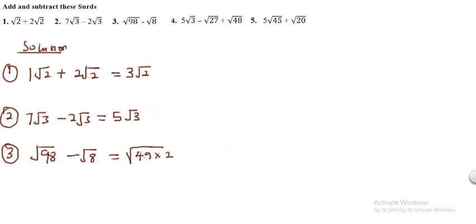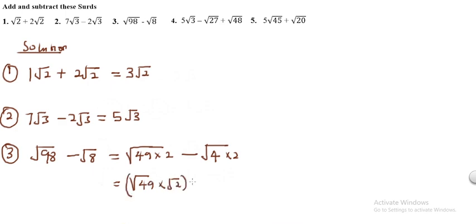Now that we've broken this down into a smaller form, we can do the same for root 8. So this will become minus root. The perfect square inside 8 is 4. So we can write this as 4 times 2. If we simplify this, this looks like square root of 49 times square root of 2.